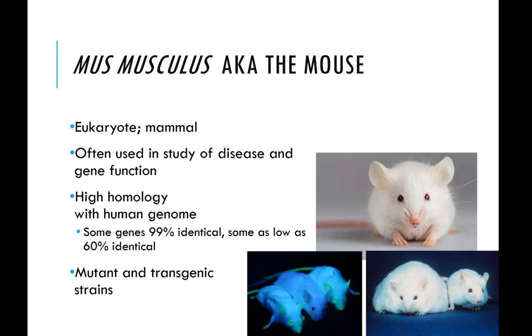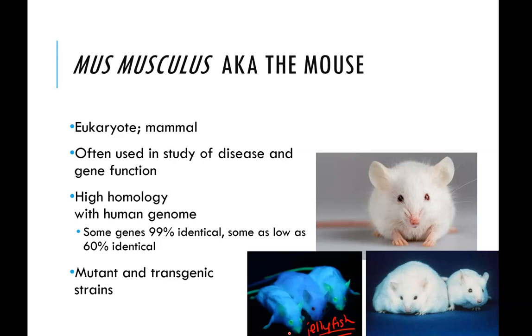There's a couple examples here. This one actually has a fluorescent jellyfish gene that has been applied to places that are expressed in the ears, nose, and mouth. And tail. So that looks really cool, right? There's a scientific purpose for that: a researcher wants to see where this particular gene is being expressed. But obviously we can't do that to people.